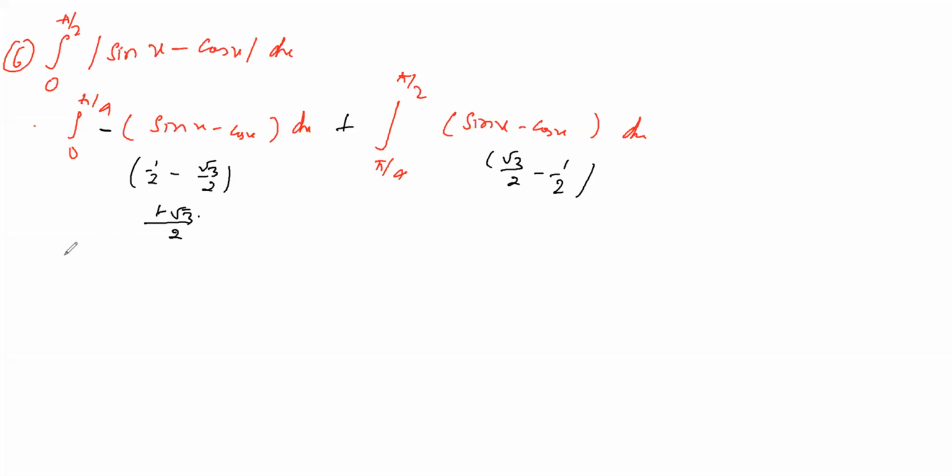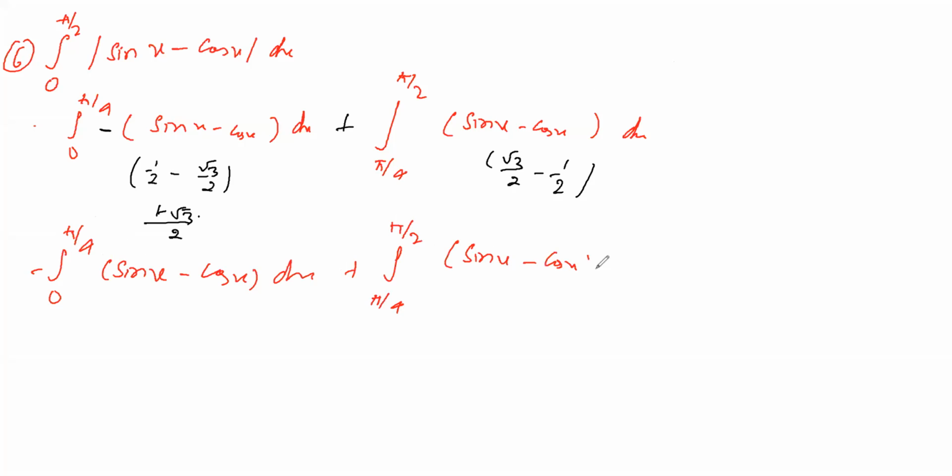So it will become simply minus integral from 0 to pi by 4 of sin x minus cos x dx, plus integral from pi by 4 to pi by 2 of sin x minus cos x dx. Now this is simple integration.